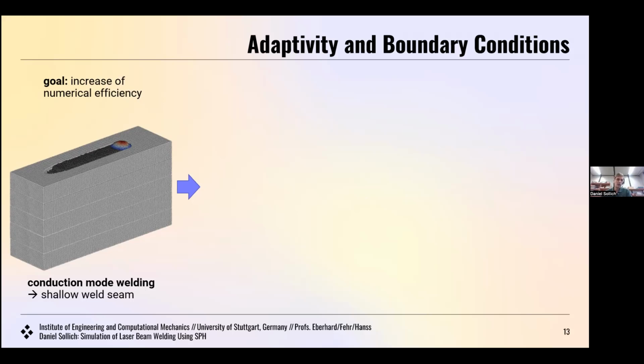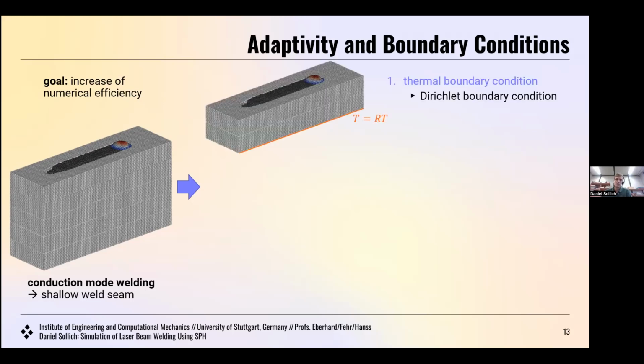But that would lead to very high computational times. So what we can do is say that at a certain depth there will be room temperature, and basically we can apply a Dirichlet boundary condition. We can even further reduce the number of particles by applying a Robin boundary condition, which assumes that a certain distance from our lowest particle level will be room temperature.